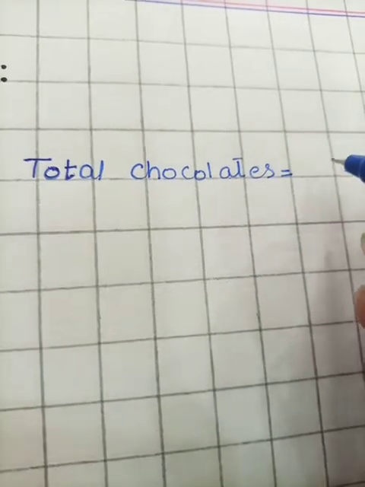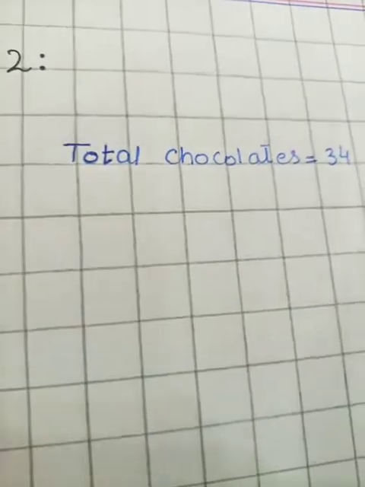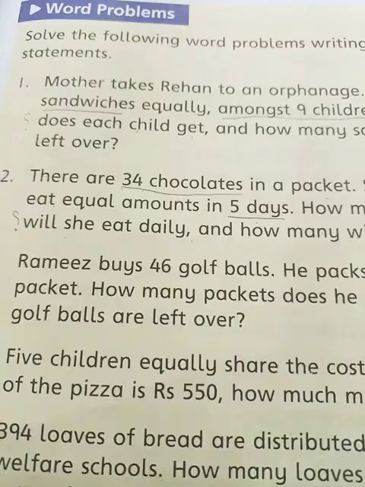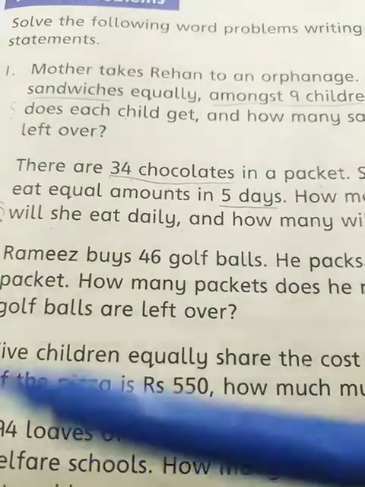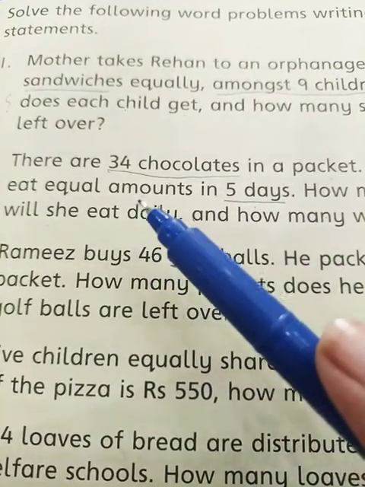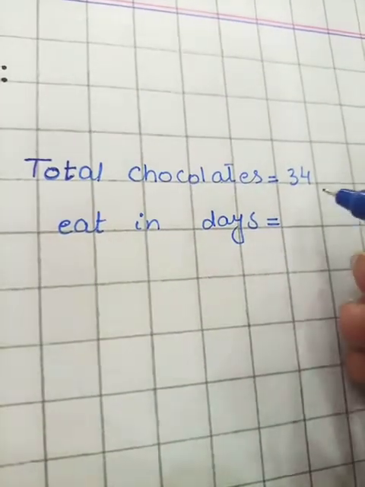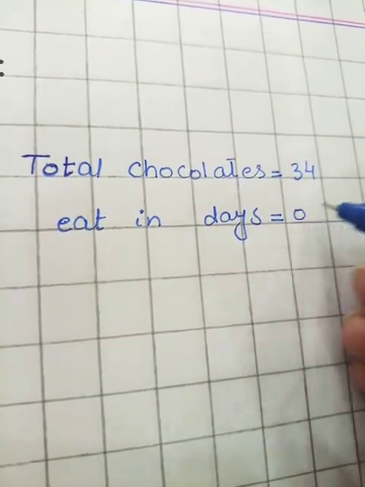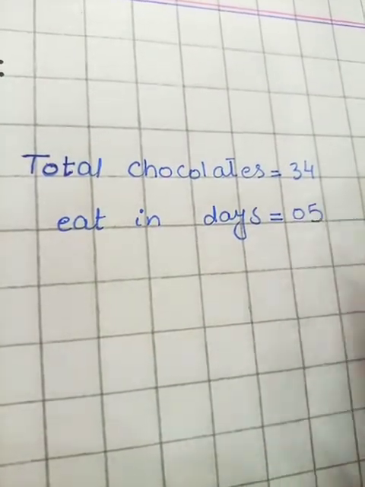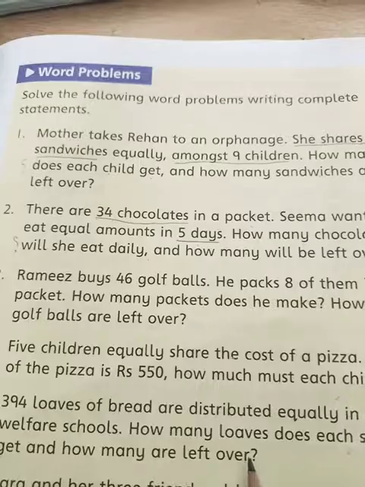We have 34 chocolates in our packet. And in the next, Seema wants to eat in how many days? 5 days. So we are writing it as eat in the days. Tell me students, she will eat in how many days? In 5 days.